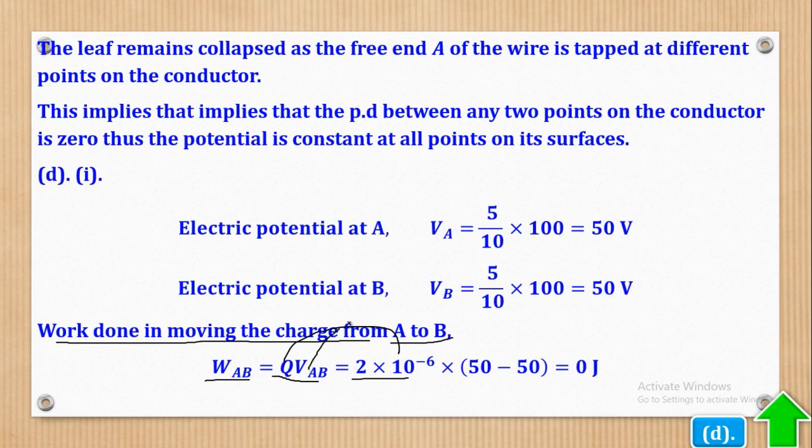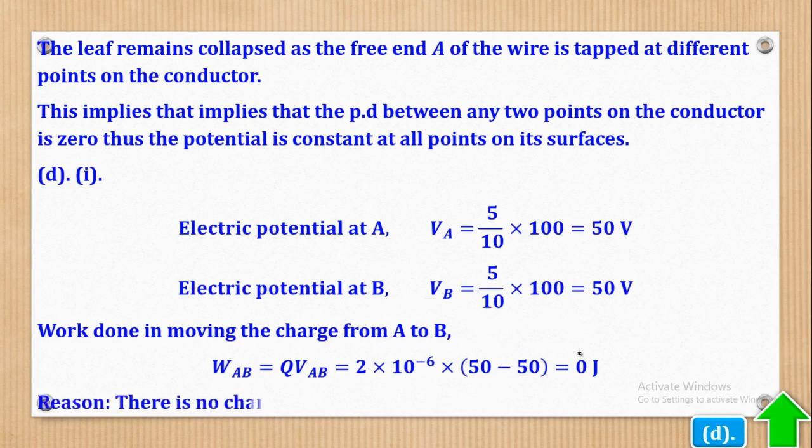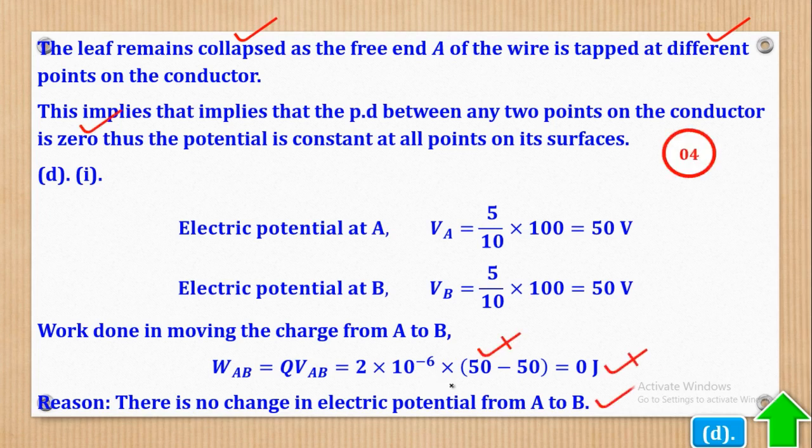Then VAB is the potential difference. So the difference between these two is 0, 50 minus 50 is 0. So 0 times this will give you 0 as the work done. They also told us to give a reason, such as that there is no change in electric potential from A to B. So that is how marks would be awarded for this slide.